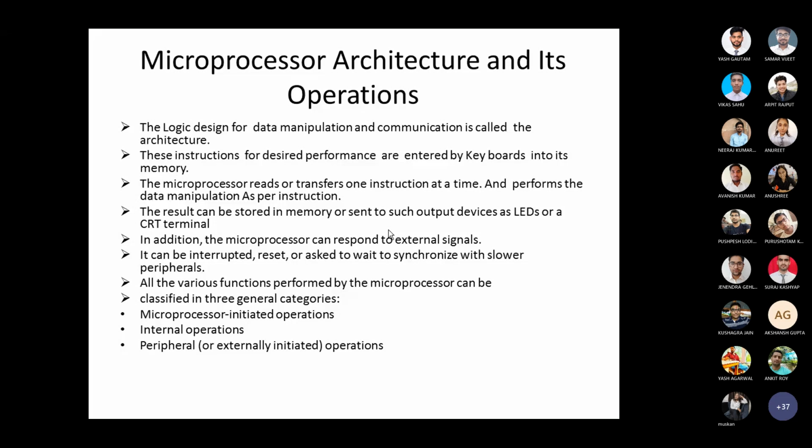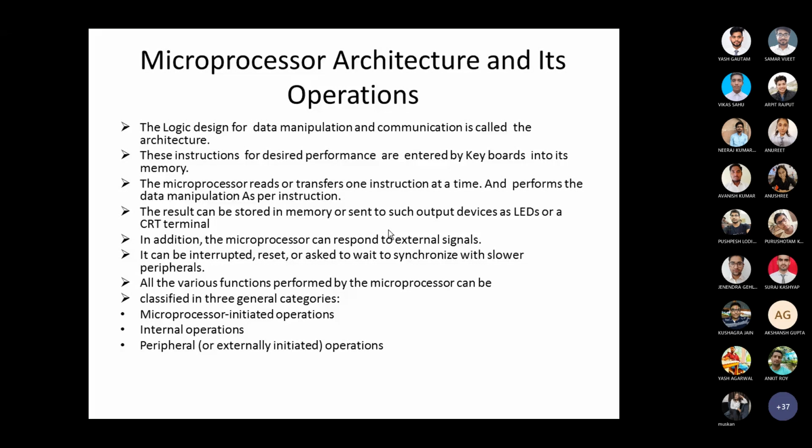Okay. So microprocessor architecture and its operation. The logic designed for data manipulation and communication is called the architecture. So the whole structure of the system, the data lines and address lines and logic design, this is called the architecture.